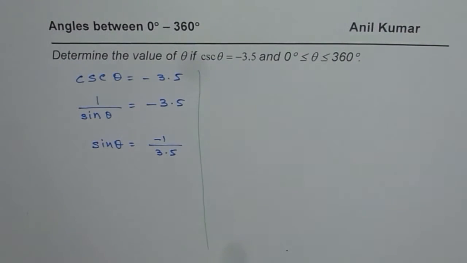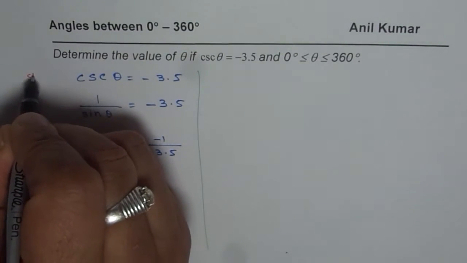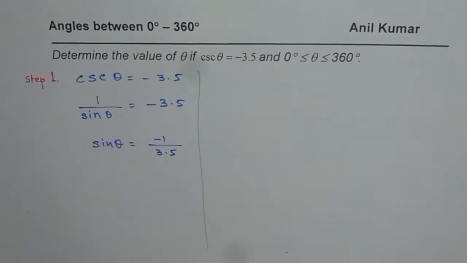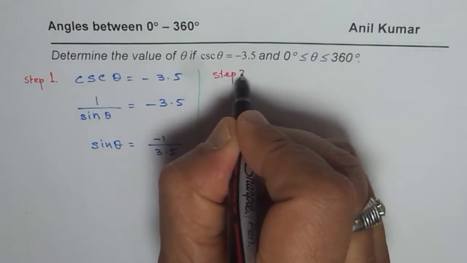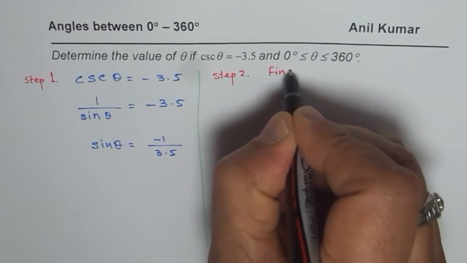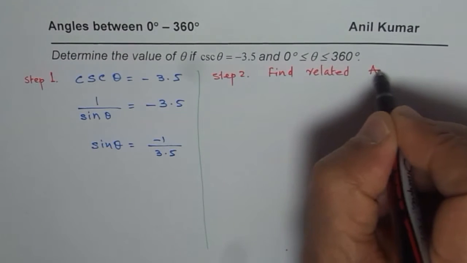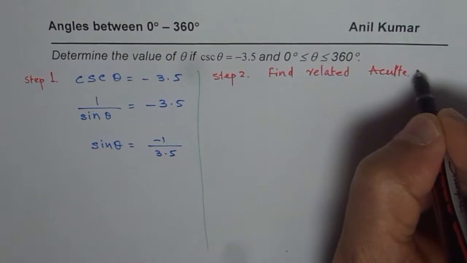We have already tried this in one of our videos, so we will not do it again. So can you tell me now what is the next step? Step 1 is, as you know, write it in primary trigonometric ratio, and now step 2 is find what? Related acute angle. So that is step 2, right?